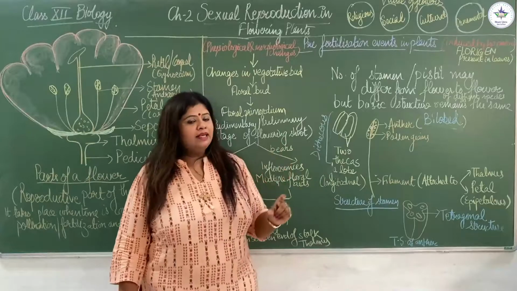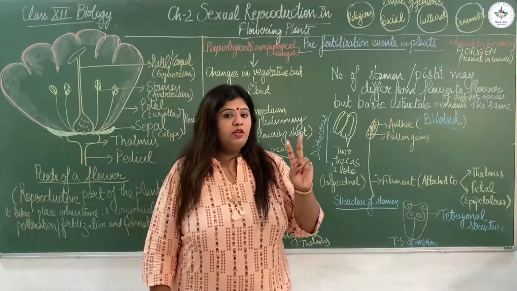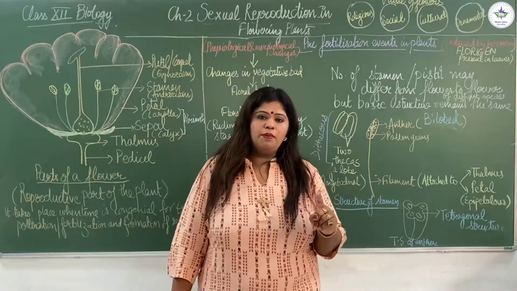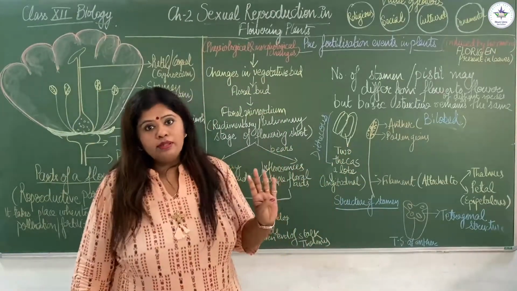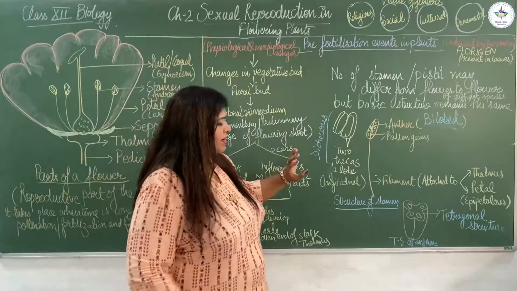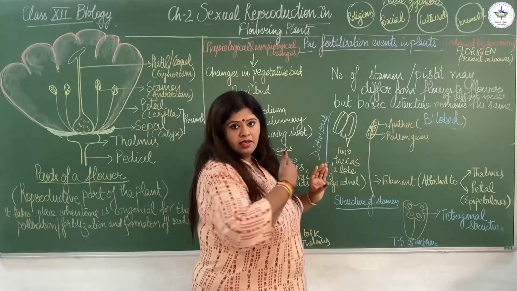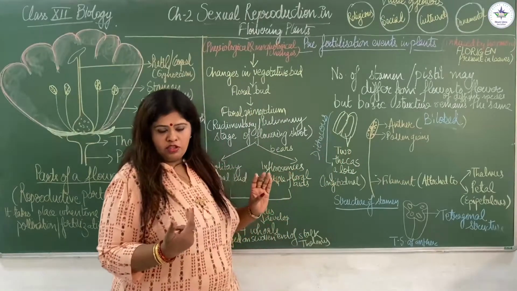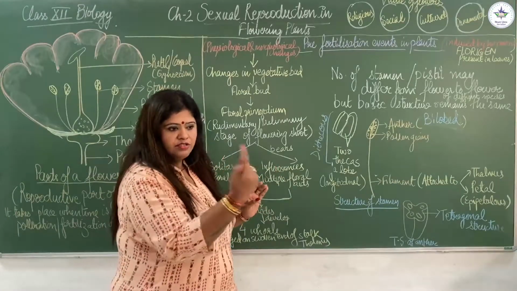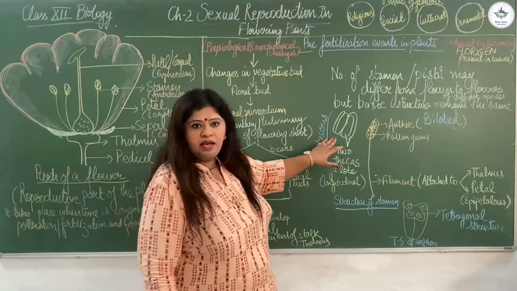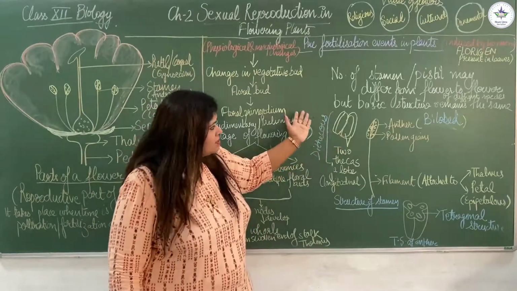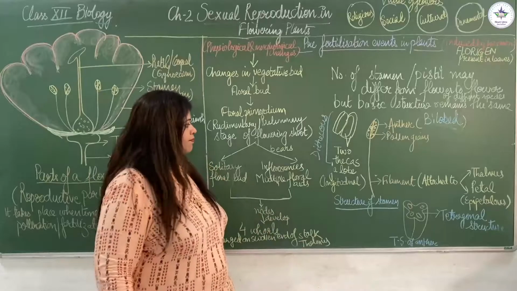So each anther has 2 lobes, with each lobe consisting of 2 thecae. So in total, you will have 4 thecae. That's when you go 360 degrees around it, you will be able to see that there are 4 thecae, 1, 2, 3 and 4. And this will be pretty much clear when we talk about the transverse section of an anther.